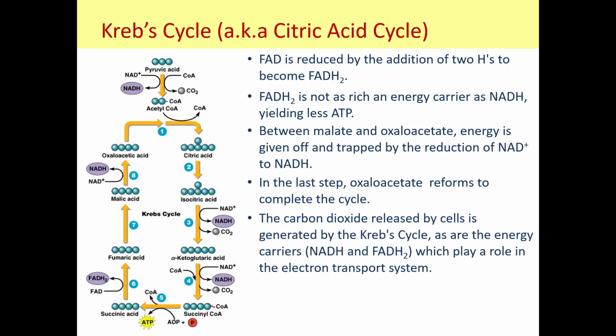The carbon dioxide released by cells is generated by the Krebs cycle. Like in our respiration process, I think all of us should know that we take in oxygen and we breathe out carbon dioxide. So the carbon dioxide released by cells is generated by the Krebs cycle, as are the energy carriers NADH and FADH2, which play a role in the electron transport system that we will proceed to later.